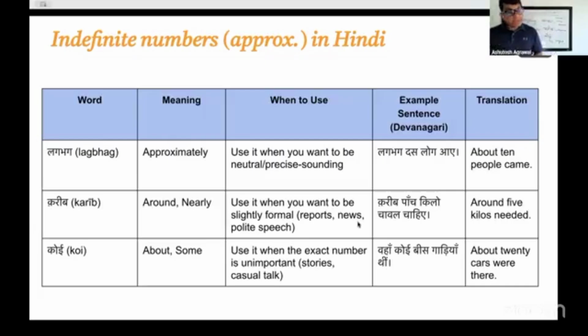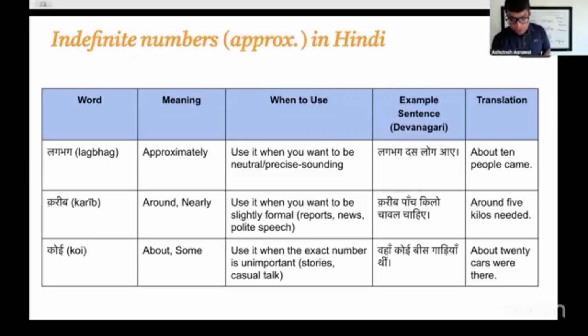Koi, as Christine ji mentioned, is about or some. You use it when it's not important to talk about the exact number, when you want to casually mention about 20 cars were there, or about 20 people came. The distinction will become clearer as we do more examples.